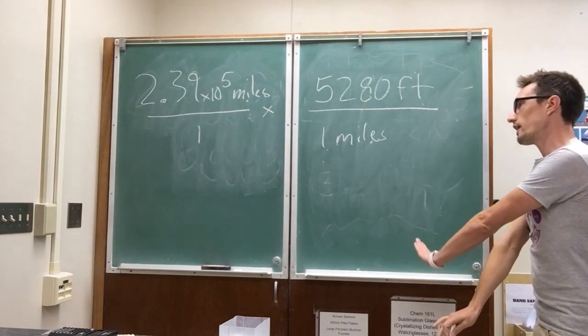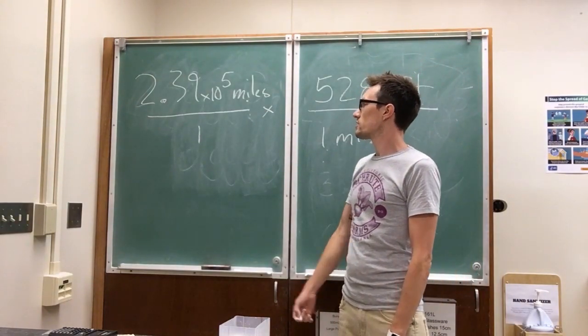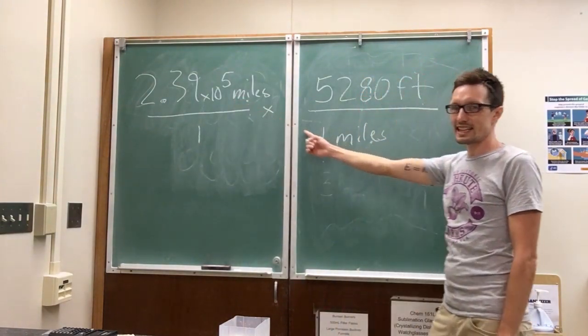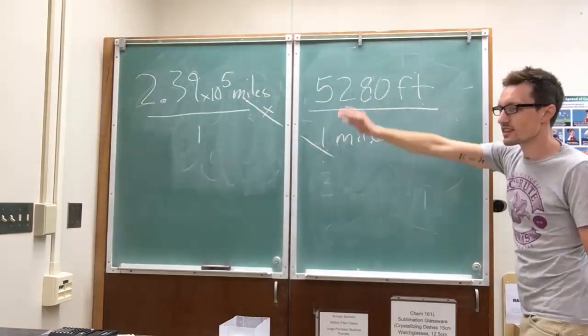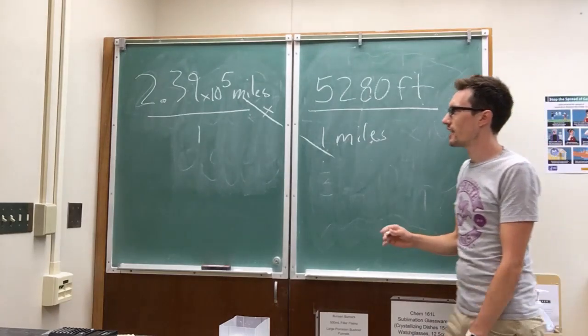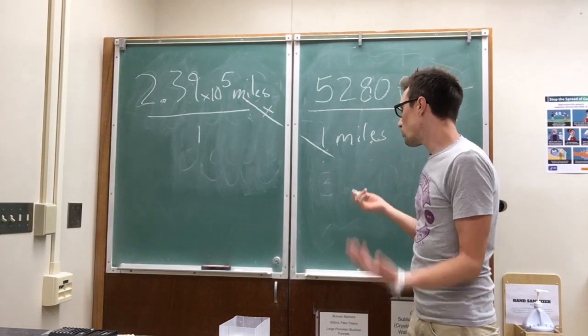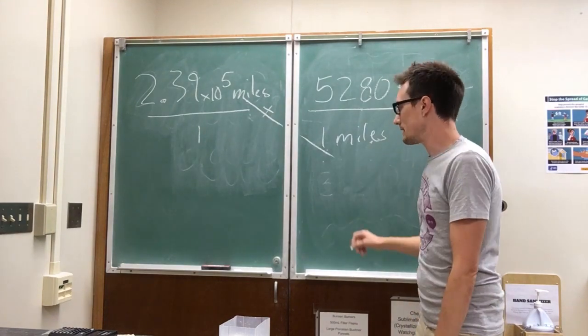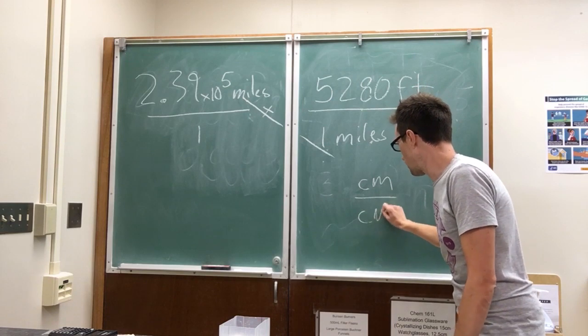Okay. I call this the seesaw rule. If you saw it here, you should see it down here. Okay, so that's like a seesaw. See how it goes diagonal? Okay, dad jokes. Awesome. And you can see from this, let's say you had a centimeter divided by centimeter.